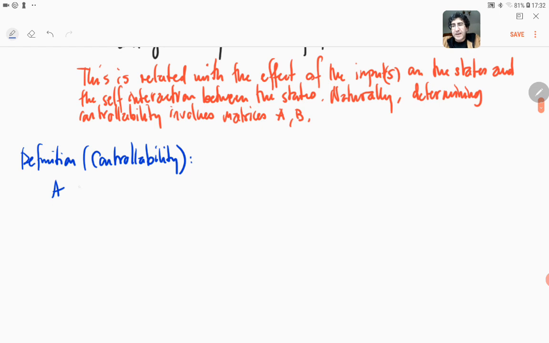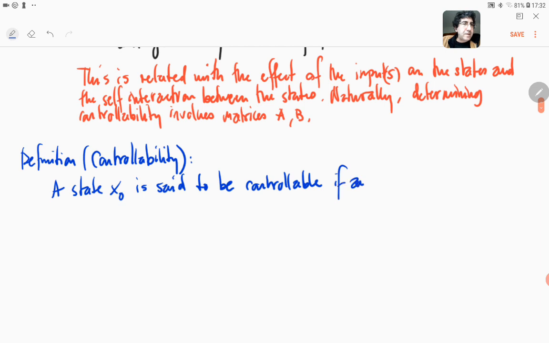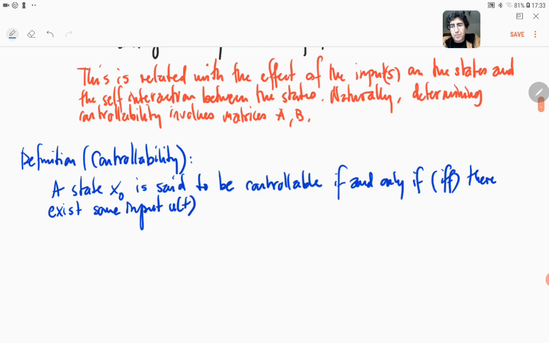So we start by defining that a state x0 is said to be controllable if and only if, which we often shortcut with IFF, there exists some input u(t) that transfers this initial state x0 to the origin in finite time.